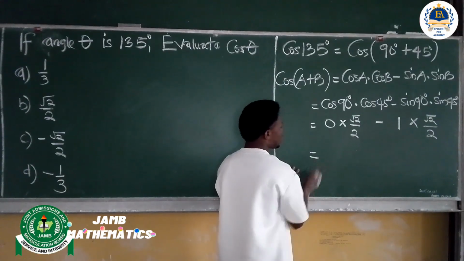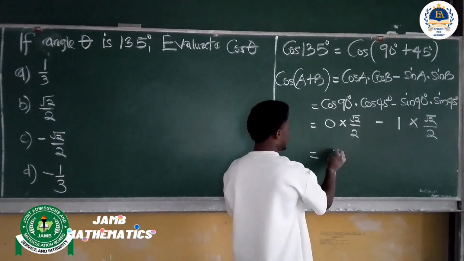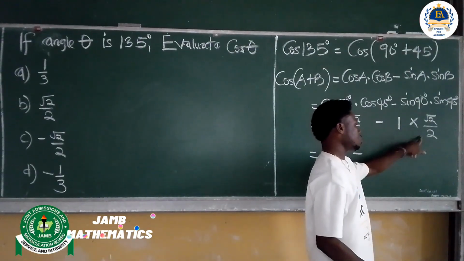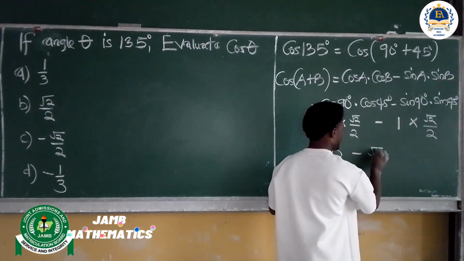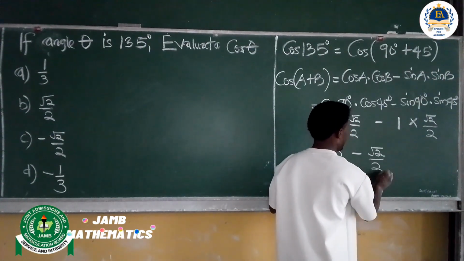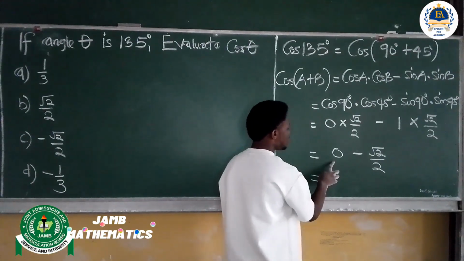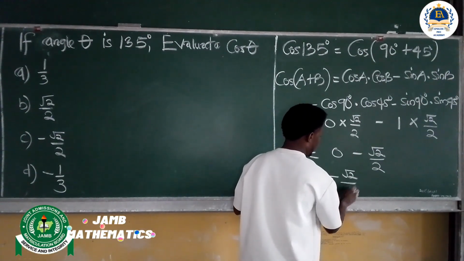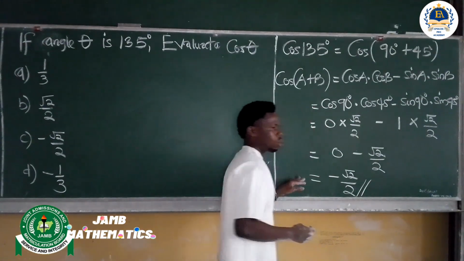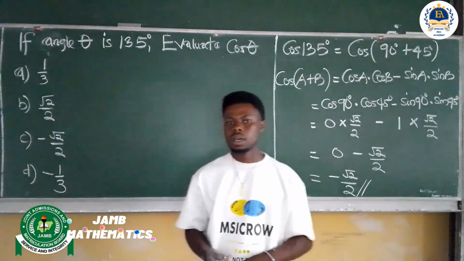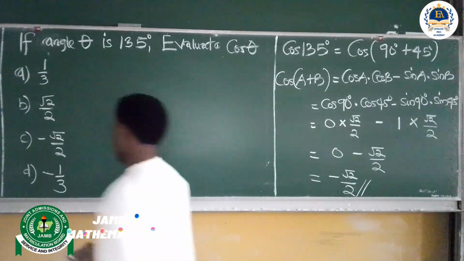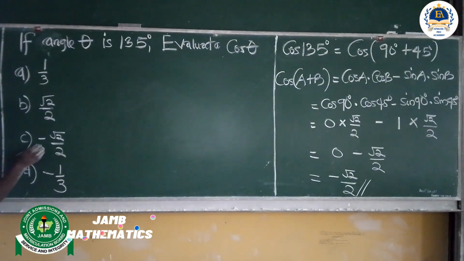So at this point, we obtain 0 times this gives 0, minus 1 times root 2 over 2 is root 2 over 2. So we have 0 minus this is minus root 2 over 2. This is the final result. And the correct option is option C, minus root 2 over 2.